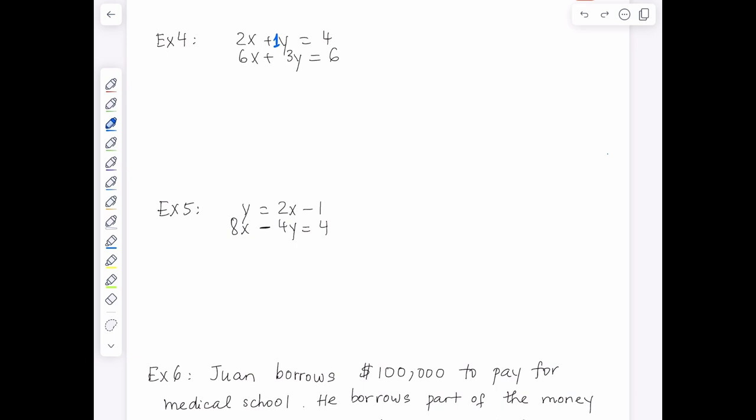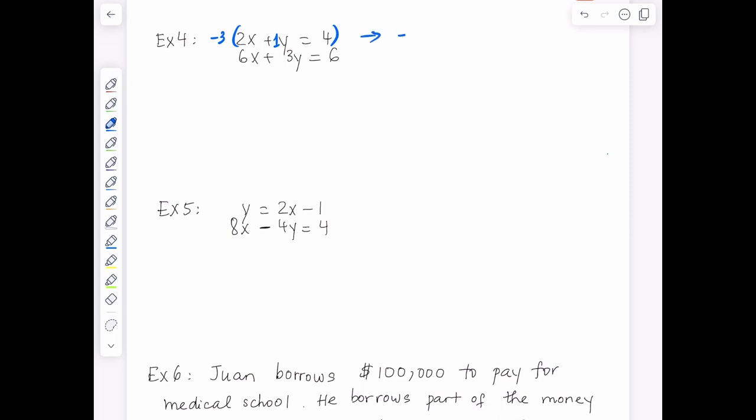So if I could make one 3 and the other negative 3, we can add and eliminate the variable y. The second equation's coefficient is already 3. I can make the first coefficient negative 3 by multiplying both sides of that equation by negative 3. That will do the trick.